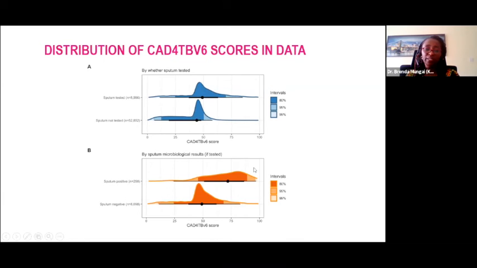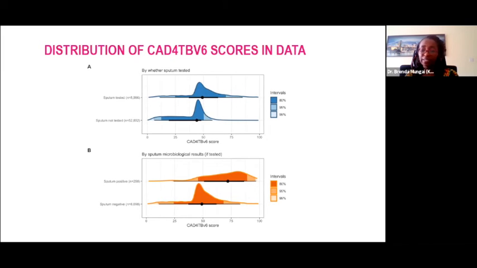The interesting part was that when we looked at those that were sputum positive, their scores were quite high, with a median of about 72, and the range was about 38 to 98.